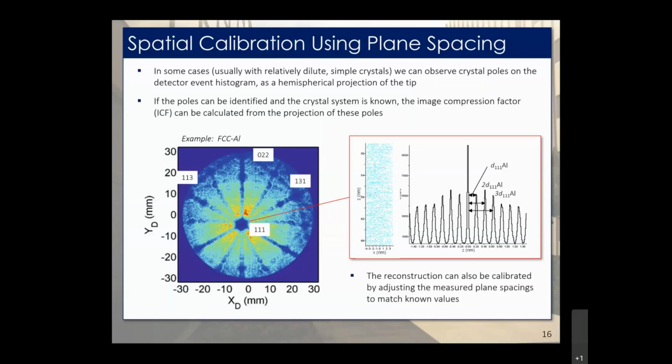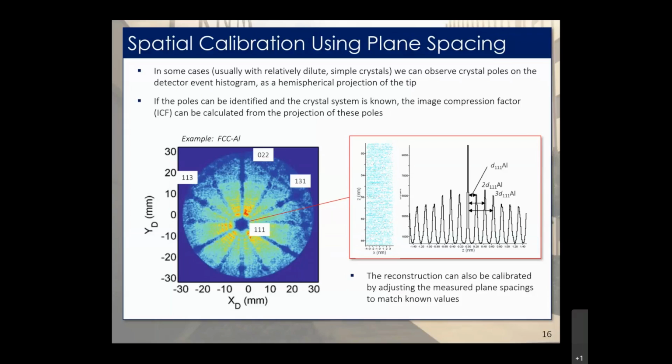What we can also do is look at the reconstruction directly at those poles, where we could expect the resolution for the planes corresponding to that pole to be highest. And we can map the d-spacing at those poles and compare it to known values for that material.